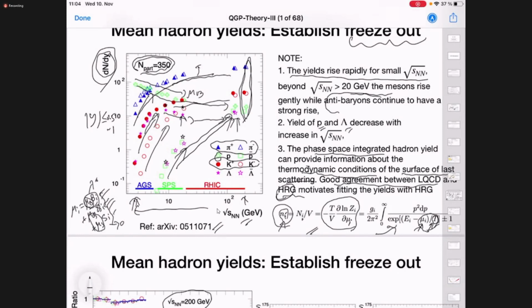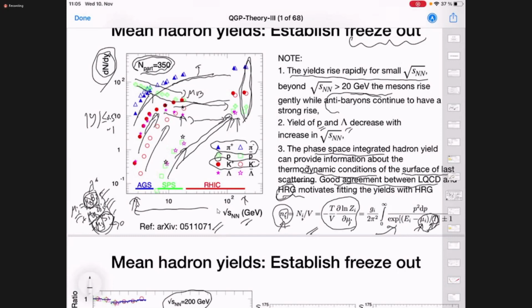And as I said, the same temperature applies to everyone, right? But the chemical potential is species selective. For example, if it is a kaon, then it will just have this mu q also, because it is K plus and K minus. But lambda, for example, will have mu b and mu s both, right?